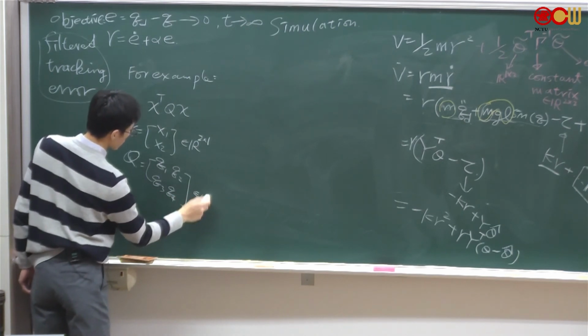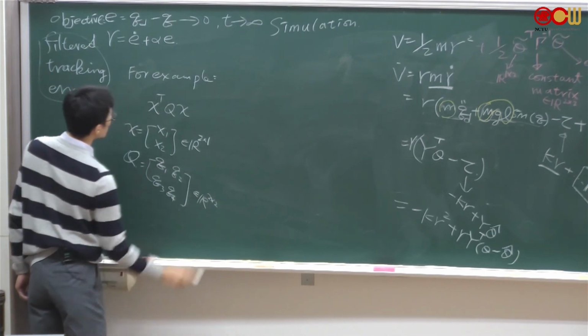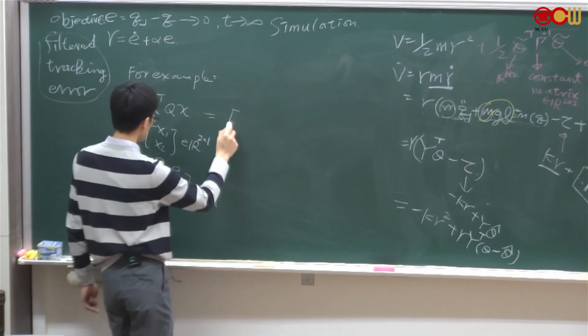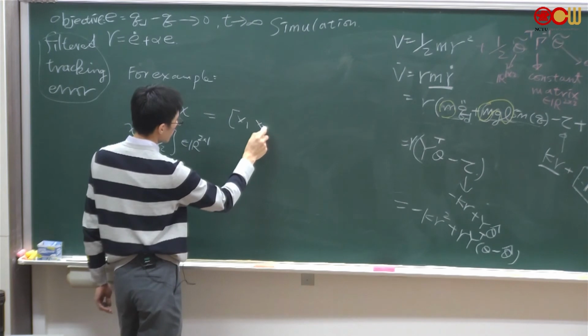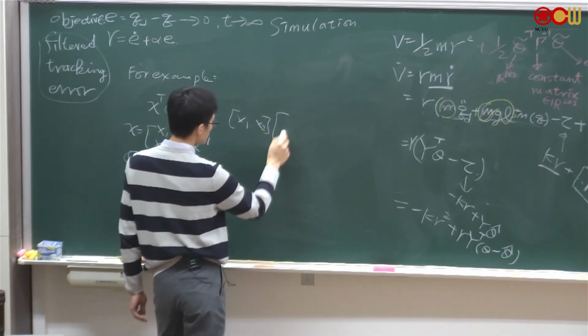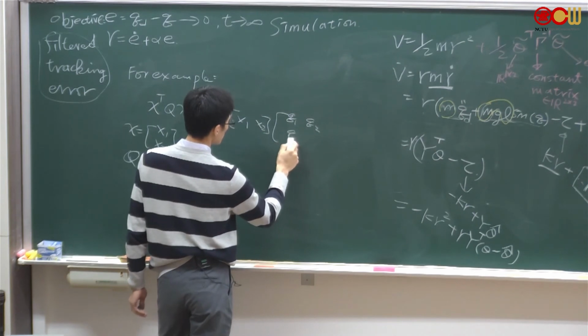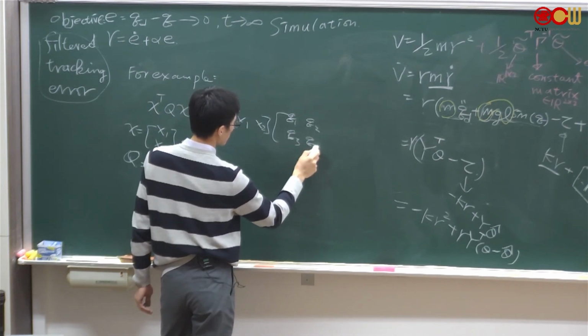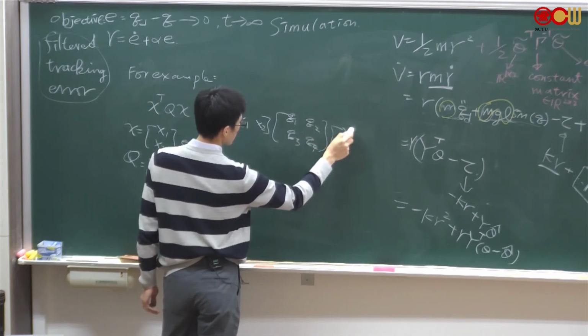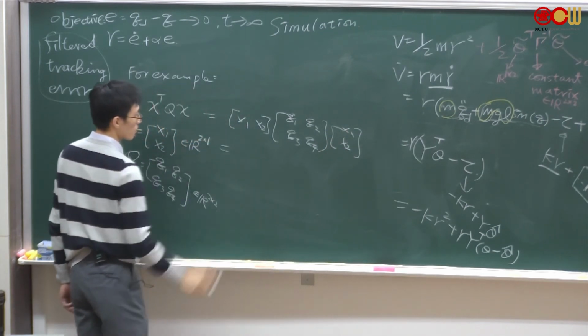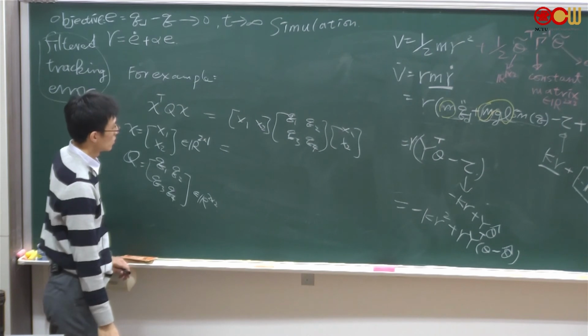It's 2 by 2. So this implies x1, x2 times Q1, Q2, Q3, Q4 times x1, x2. So when you multiply this, you will get some stuff.